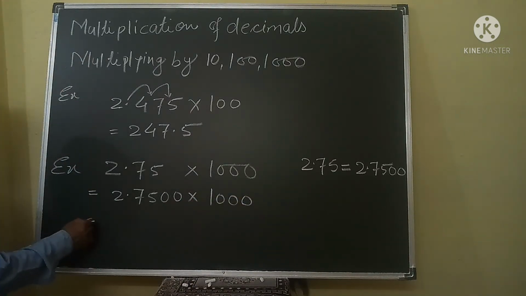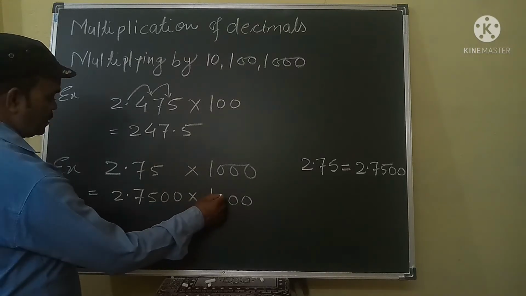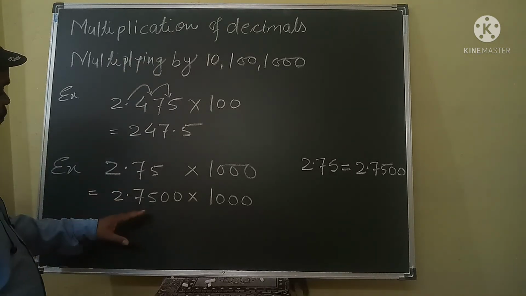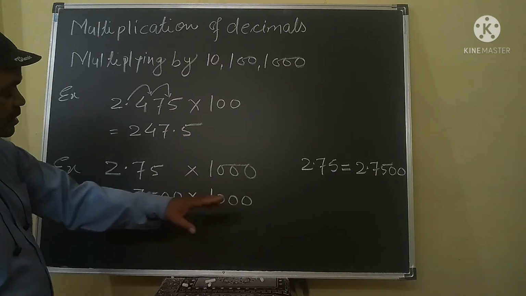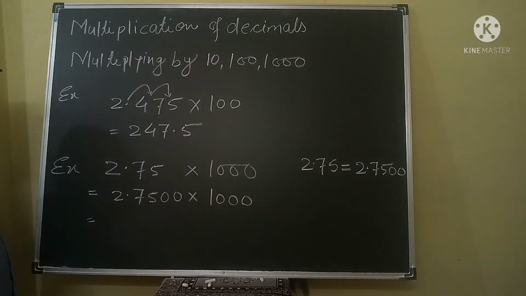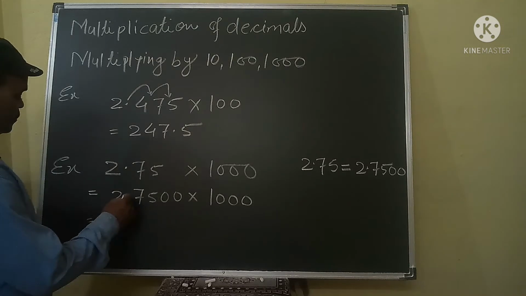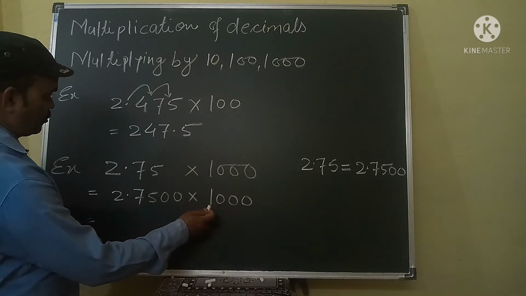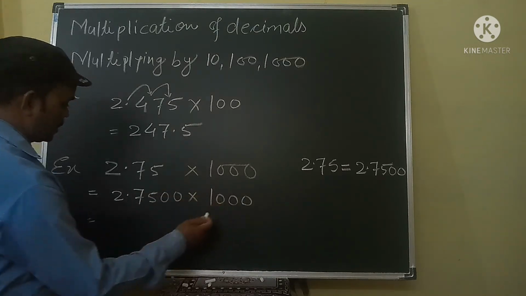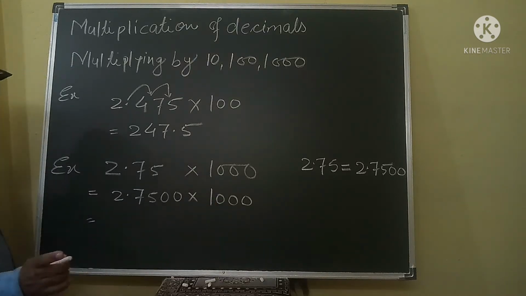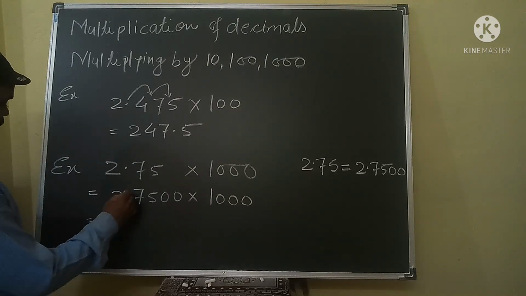Then what will we do? In 1000, the number of 0s is 3. That means we will move the decimal point 3 places to the right. Now look here.